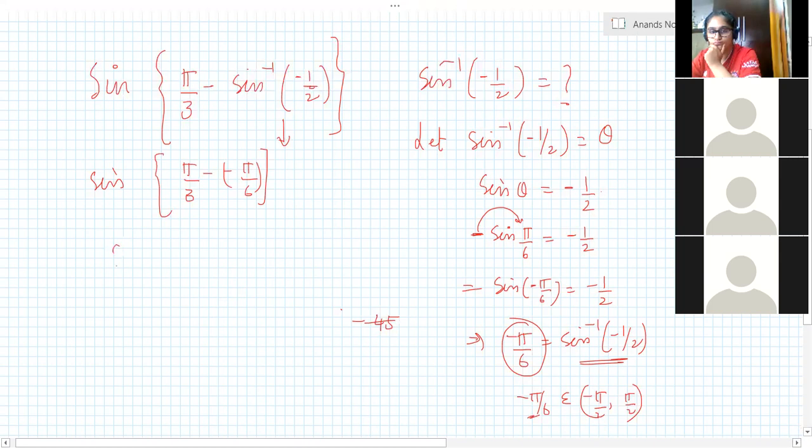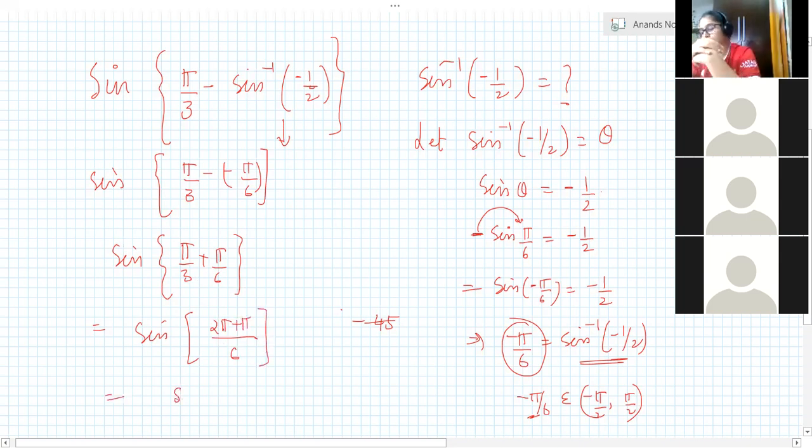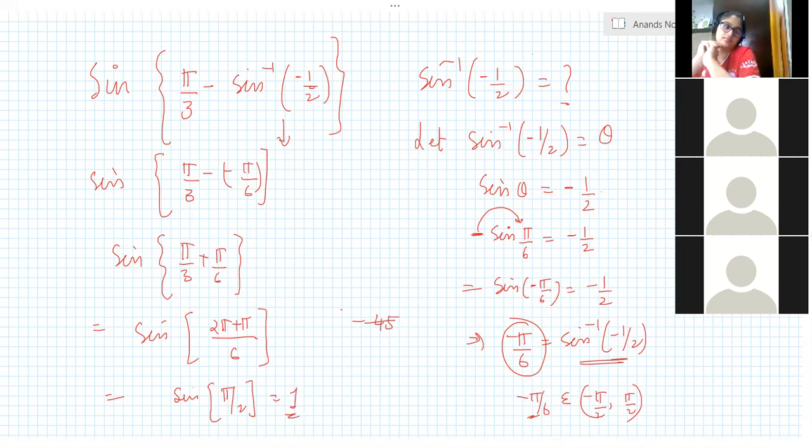That is sine of pi by 3 plus pi by 6, which is 2 pi plus pi over 6, so 3 pi by 6, which is sine pi by 2. The answer should be 1. Chaitri, very good.